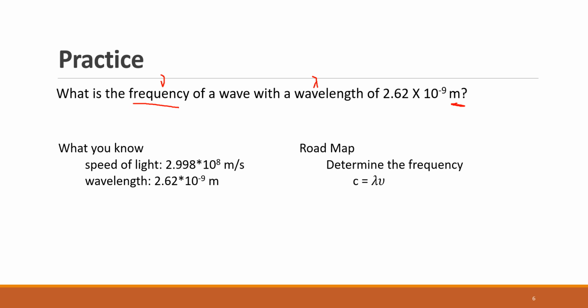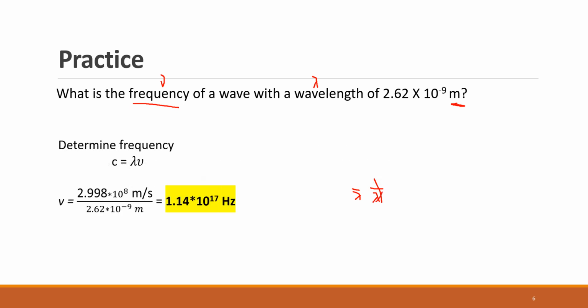In order to do that, we divide both sides by the lambda, getting frequency by itself. So the equation becomes frequency is equal to the speed of light over the wavelength. Plugging in those values, speed of light in the numerator and then the wavelength in the denominator, we get a total value of 1.14 times 10 to the positive 17 hertz.